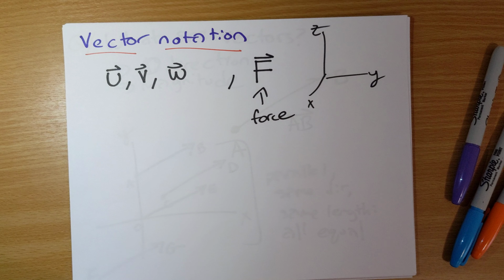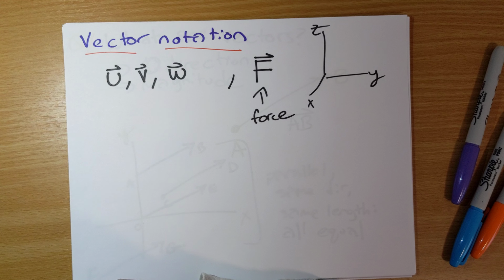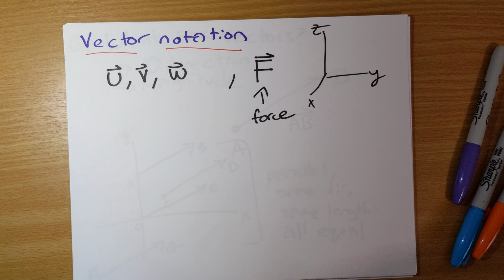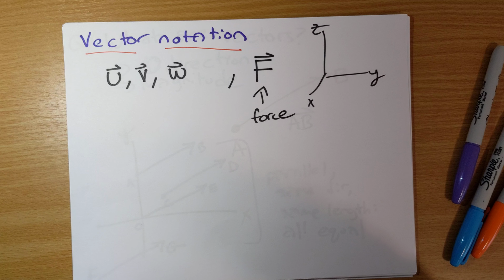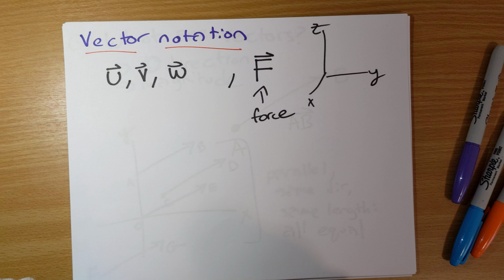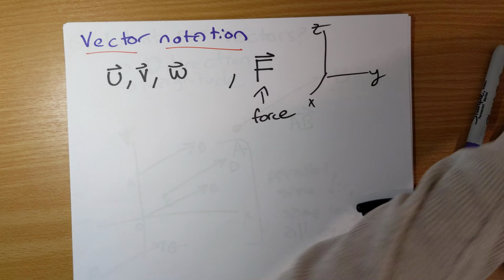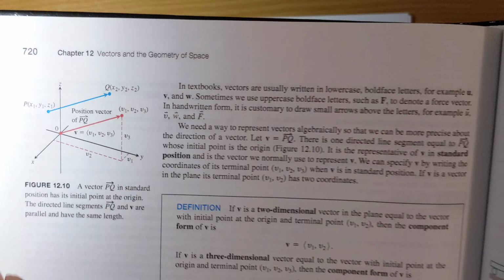I also need to emphasize putting the little arrows on top of our vectors. Something that is traditional in math is that you represent your vectors in a special way to indicate that, yes, they are vectors. So if you give me a second, I'm just going to get the textbook here and hold it up.